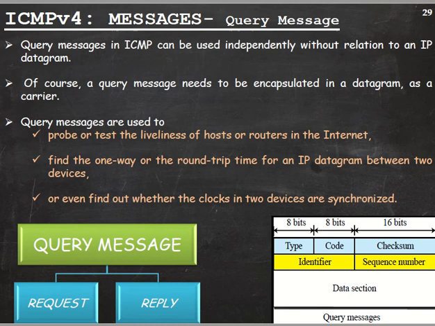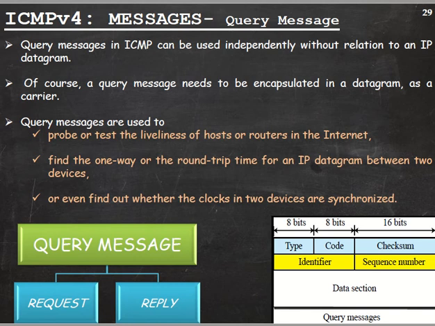There are a few query messages we'll see now. The echo request, usually called the type 8 query message, and the echo reply, which as I said come as a pair, a request as well as a reply. The echo request is type 8, and the echo reply is type 0.